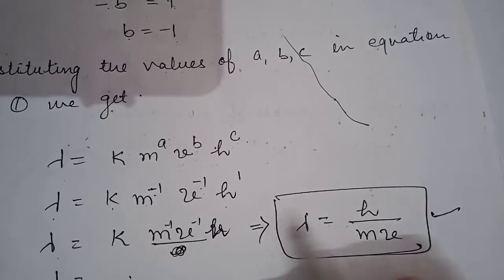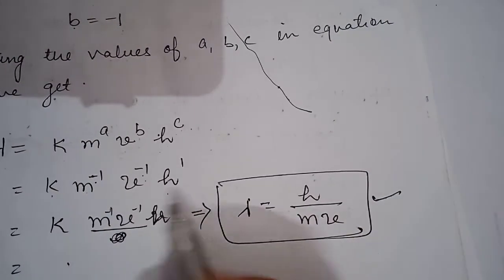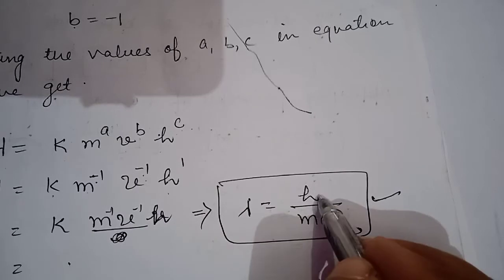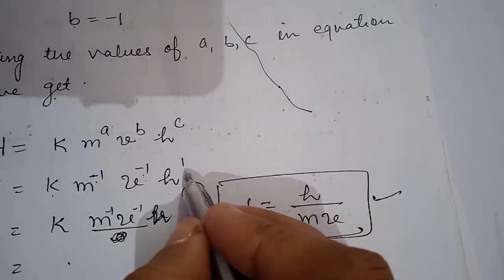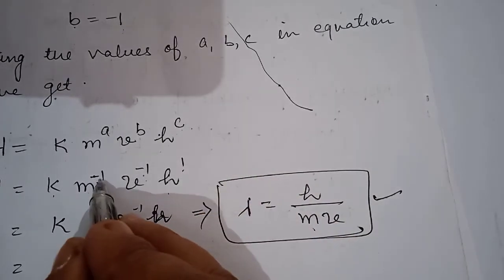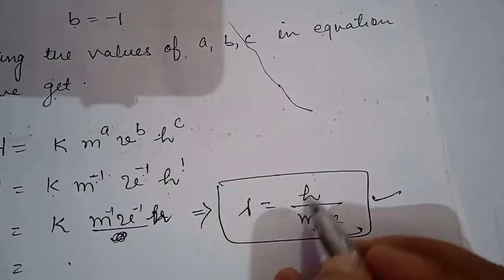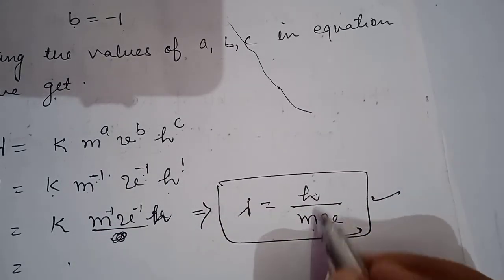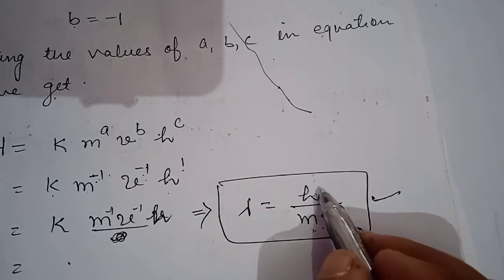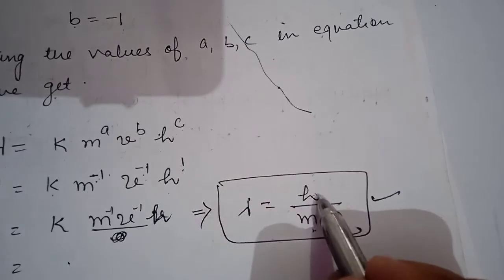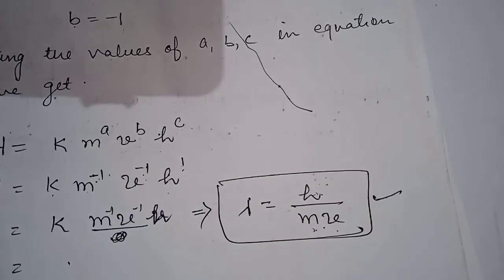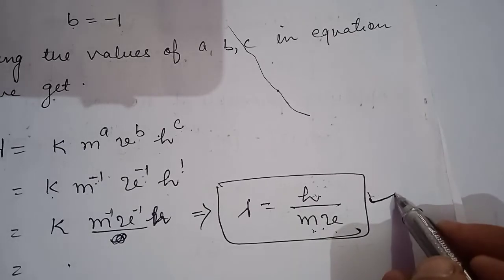Therefore lambda is equal to h upon mv, since the negative powers give 1 upon m and 1 upon v, and h is positive. So this is the relation.